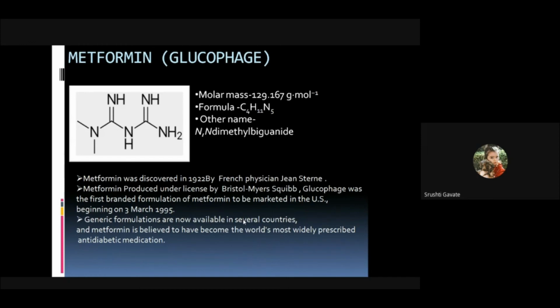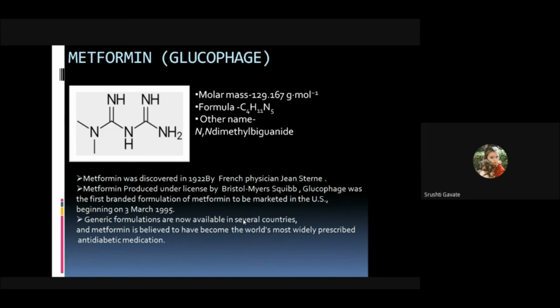Second one is metformin. It is also called glucophage. It has molecular mass 129.167 gram per mole. Molecular formula is C4H11N5. Other name N,N-dimethylbiguanide. Metformin was discovered in 1922 by French physician Jean Sterne. Metformin is produced under license by Bristol Myers Squibb.